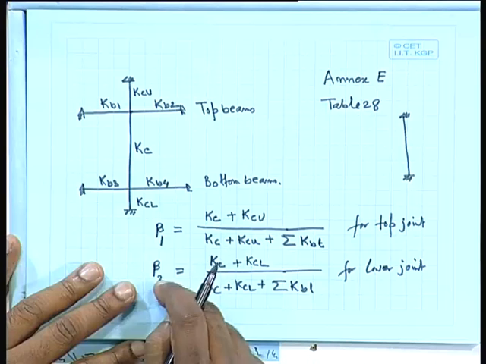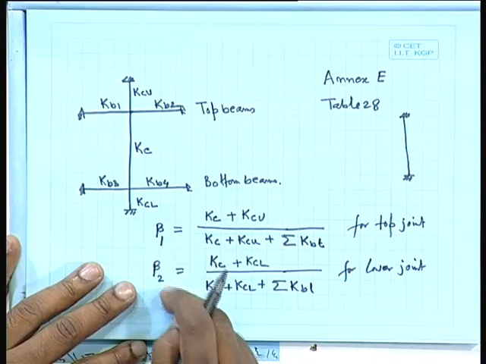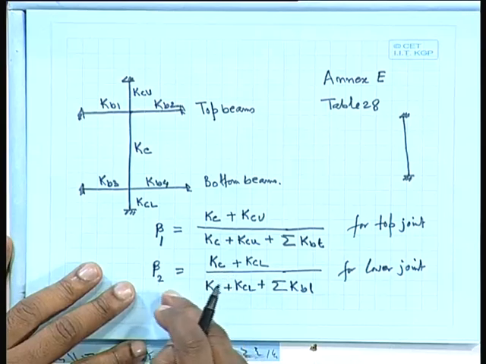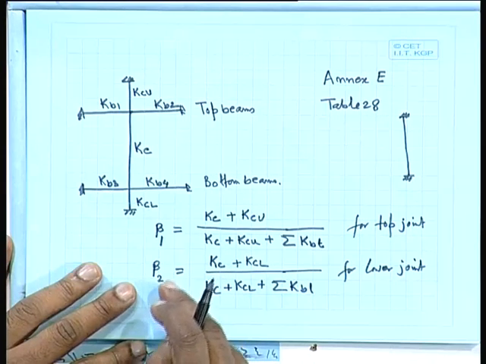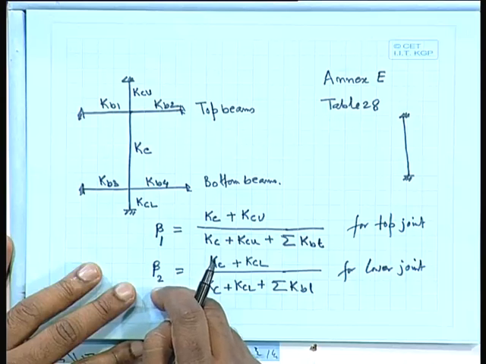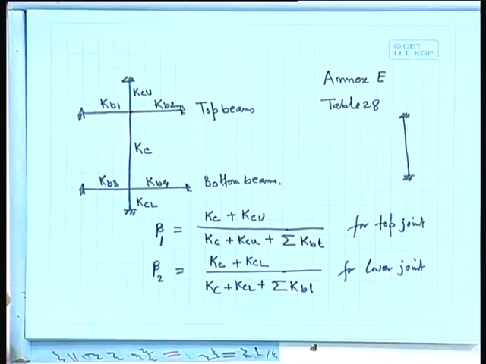So we shall get beta 1 and beta 2. Now, our code gives two tables from where we can find out the effective length.